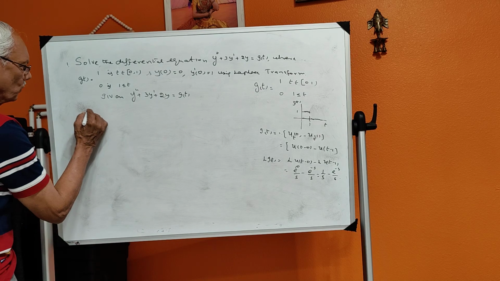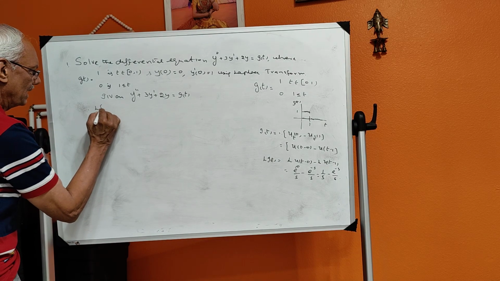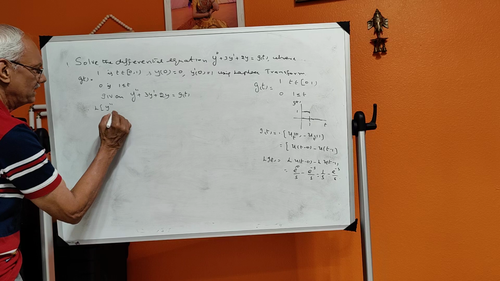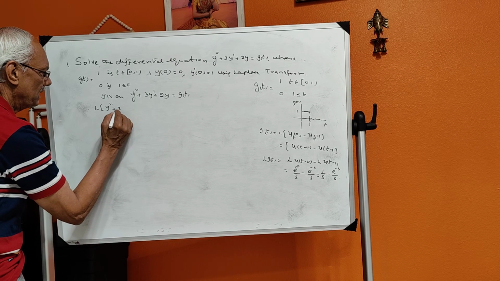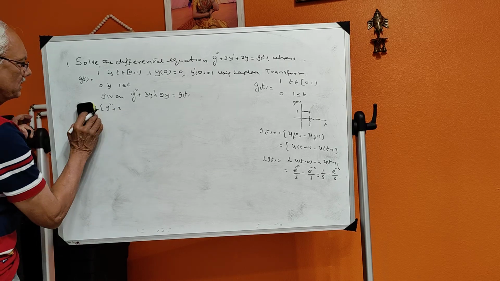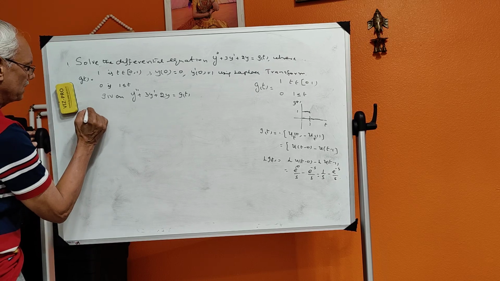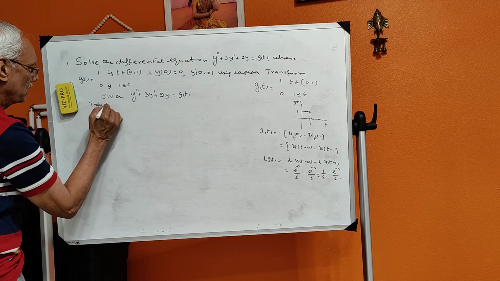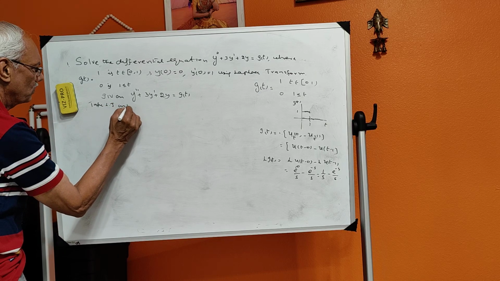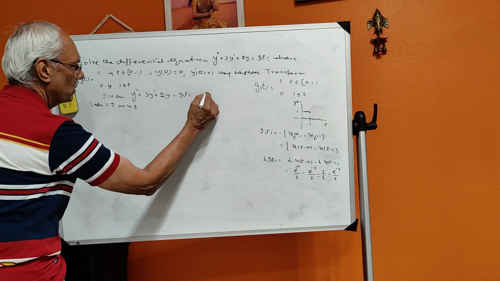Now, therefore, I will write L of y double dash plus 3 y dash plus 2 y, taking the Laplace transform on both sides.